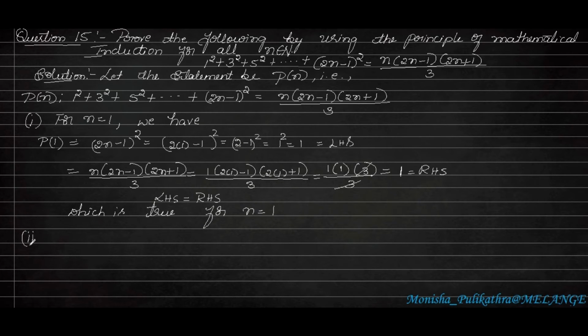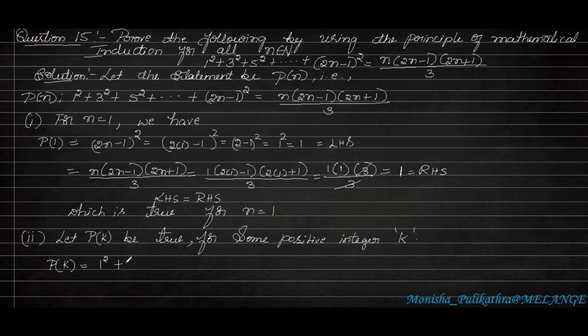So the second step is we have to take k in the place of n. That is, let P of k be true for some positive integer k. Okay, so here P of k is equal to, in the place of n we have to substitute k here.